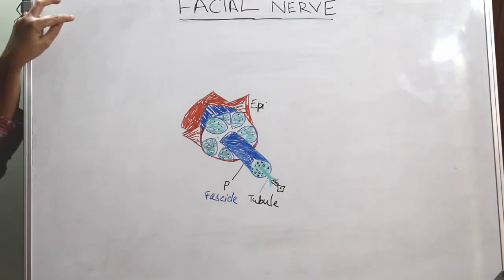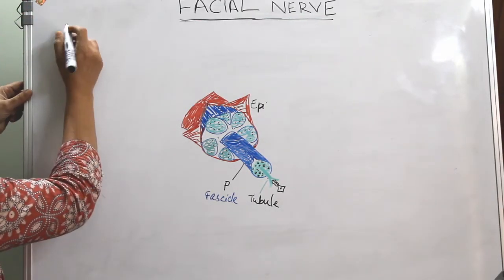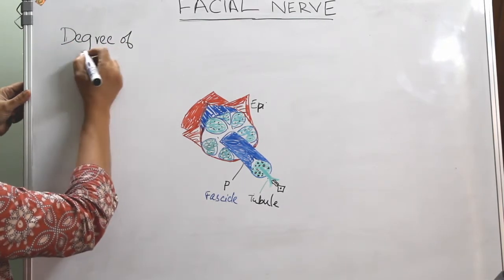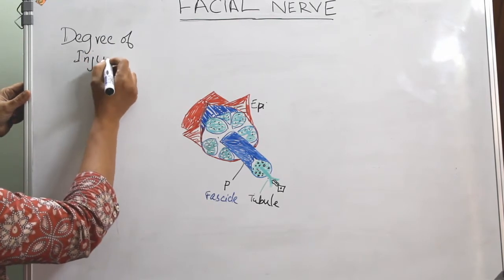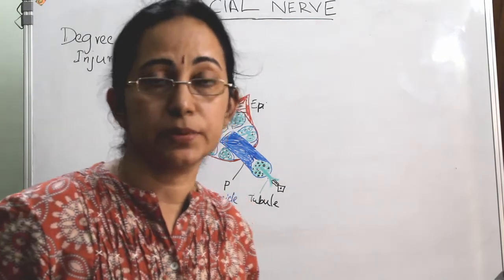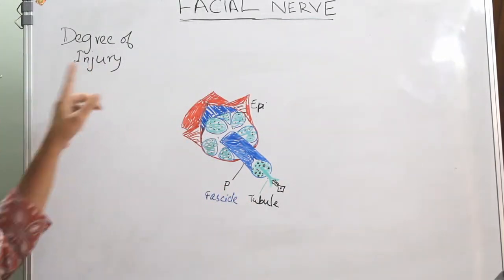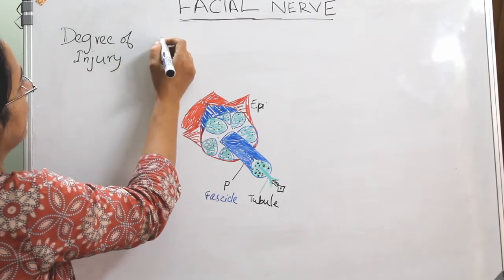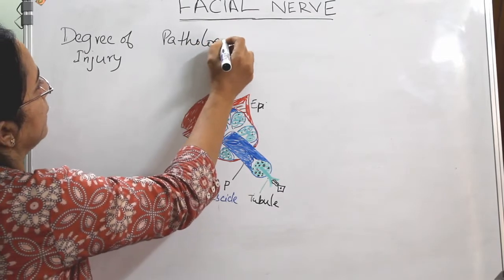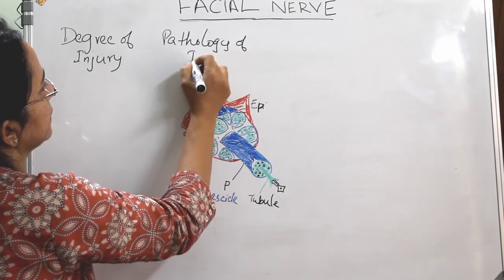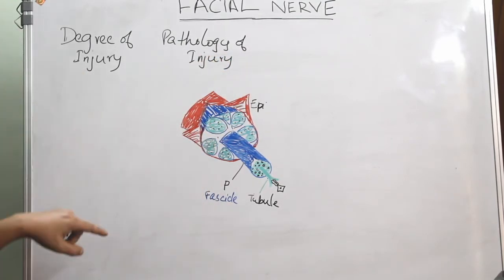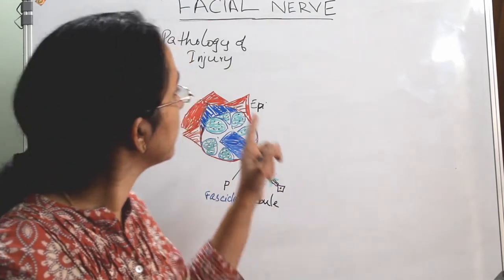Right? First will be the degree of injury. According to Sunderland's classification, there are 5 degrees of injury, and this will be the pathology of injury. That is what happens along with all these 5 grades.